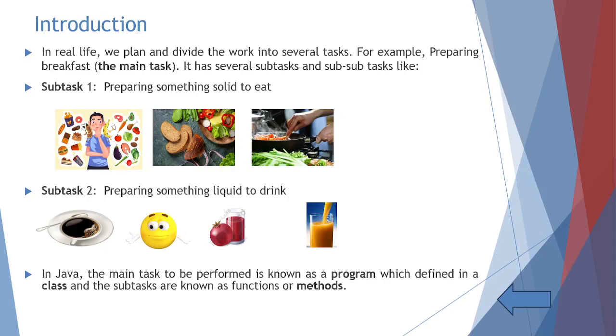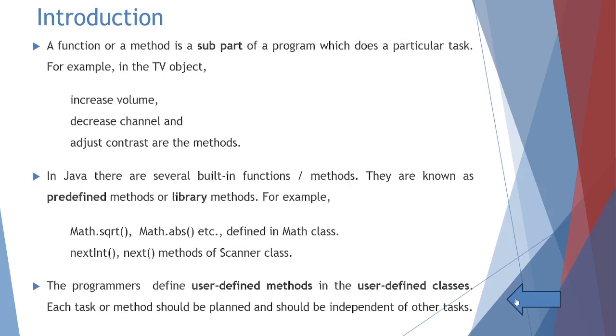Similarly, in Java, the main task to be performed is known as a program, which is defined in a class, and the program is divided into subtasks which are known as functions or methods.